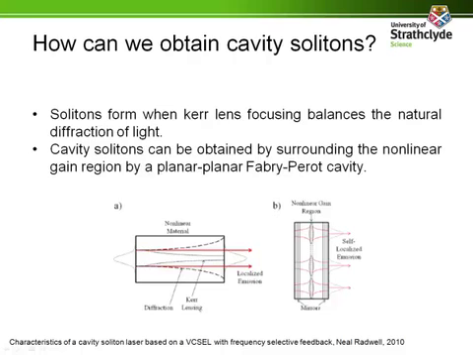Therefore the medium can act as a lens, and if you can somehow balance these two effects, then you obtain a wave which travels without changing shape. But within the medium you've got losses, so you need to compensate these losses by placing your nonlinear gain region within the cavity as shown before.